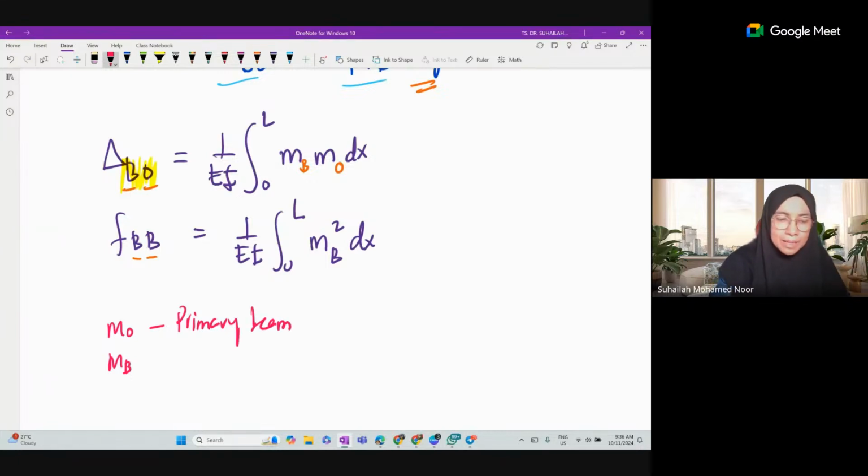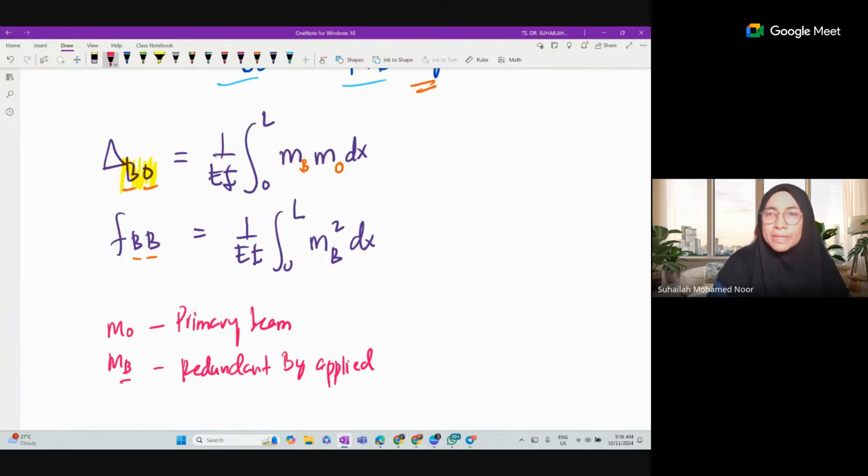And MB refers to B as the redundant. The symbol B we use here refers to the redundant B applied, so this comes from the redundant beam.